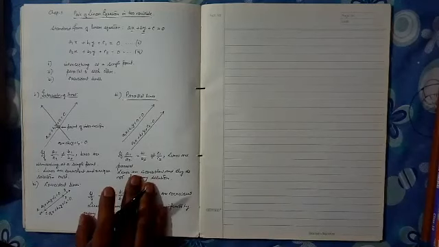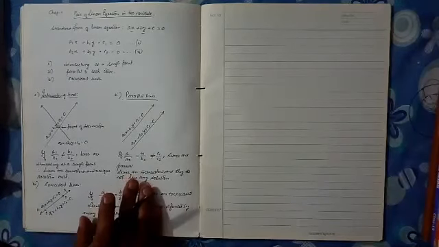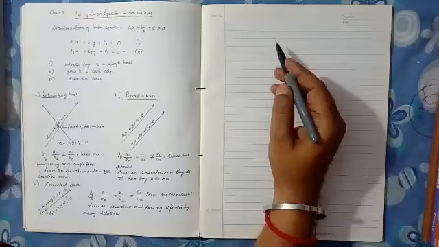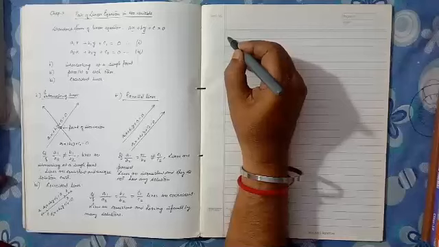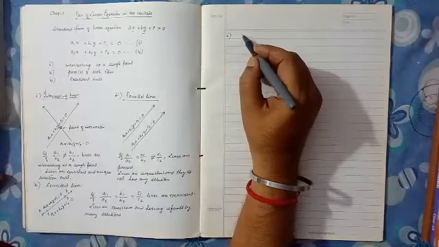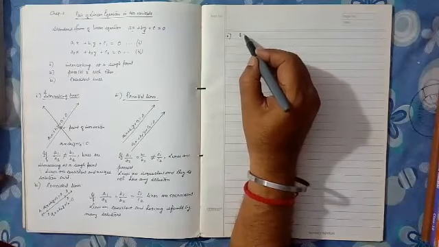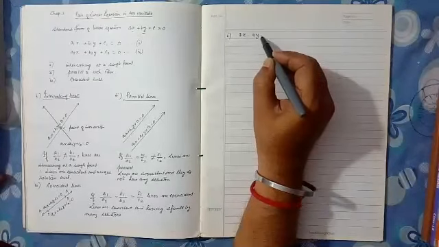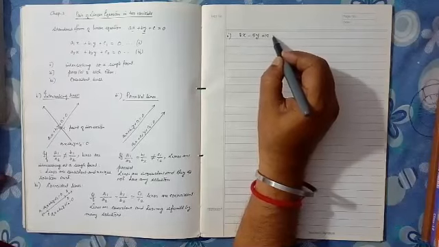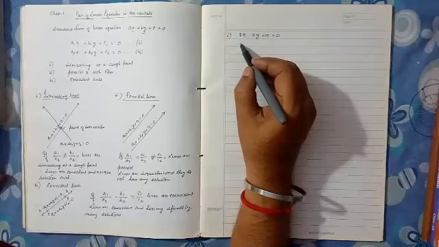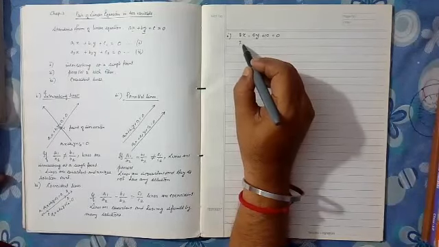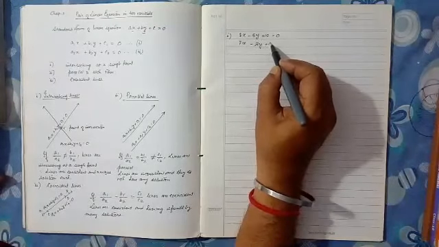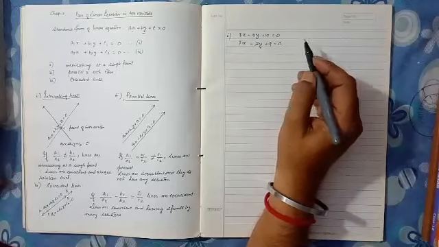What I have discussed, I want to explain those again, taking examples. Suppose first I have taken two lines, 3x minus 5y plus 12 is equal to 0, and 7x minus 2y plus 9 is equal to 0.